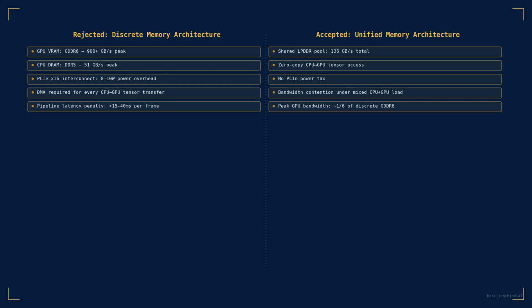What you recover is zero-copy tensor sharing between the CPU preprocessing stage and the GPU inference stage. Removing that DMA transfer cuts pipeline latency 15 to 40 milliseconds per frame on compressed sensor inputs, depending on frame size. The bandwidth loss is real. The latency recovery is also real. Which matters more depends entirely on your pipeline topology.